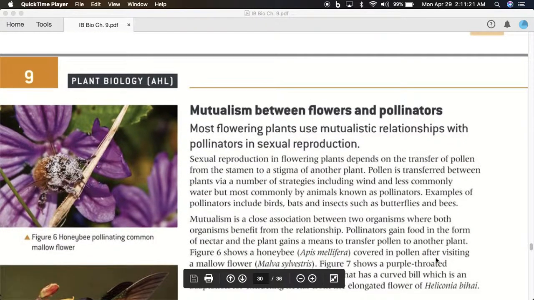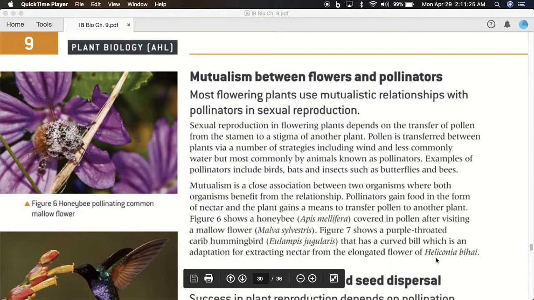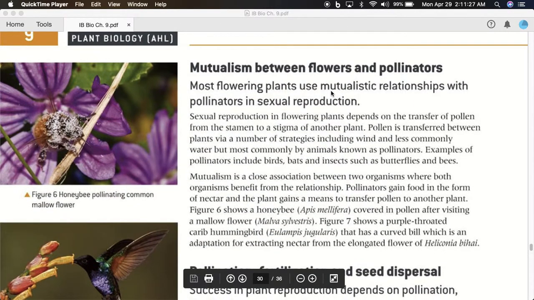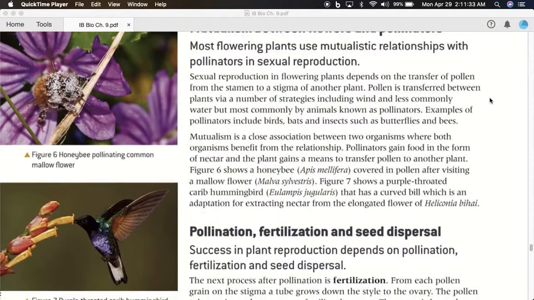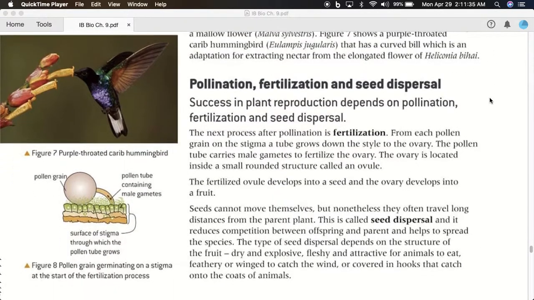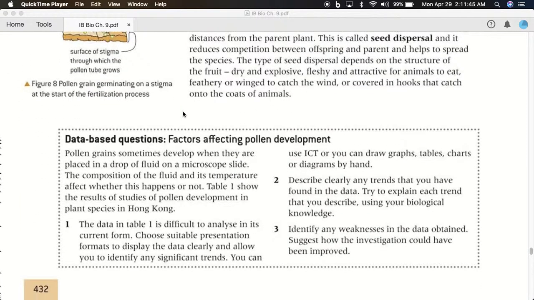I won't go over that because that's kind of middle school, 9th grade bio. You should also be familiar with mutualism and why mutualism is important to flowers and plants reproducing, and the mutualistic relationship between plants and pollinators. And then you just want to be familiar with the idea of seed dispersal, but I won't go over that.